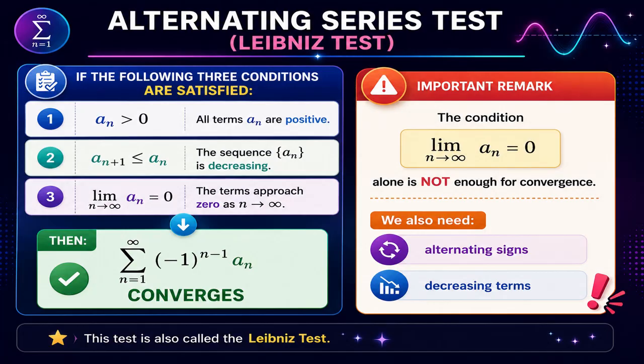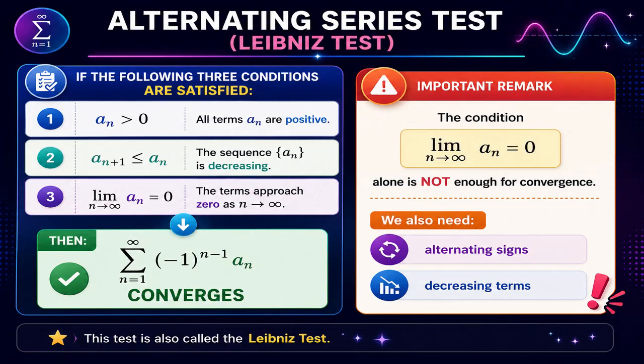Second, the sequence of the terms must be decreasing, meaning a sub n plus 1 is less than or equal to a sub n for all n. And third, the limit of a sub n as n approaches infinity must equal 0. If all three conditions are satisfied, then the alternating series converges.